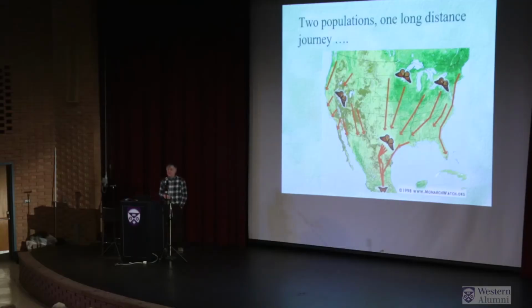Well, the ones that reach southern Ontario could be 4 or 5 generations removed from the ones that left Mexico, depending on weather conditions, depending on climate, depending on whether there's lots of milkweed that year or not, whether they overshoot or come all the way up in one flight, which is very rare. That would almost never happen. The ones we're getting were born in the US, and then they come up here and do the same thing.